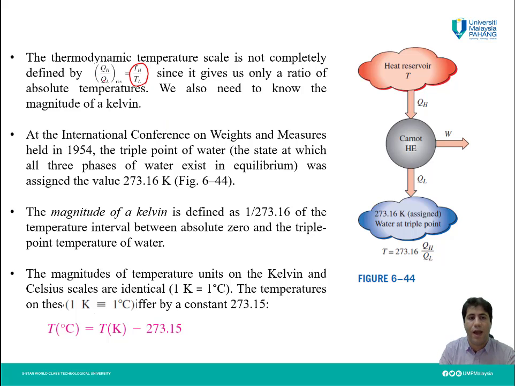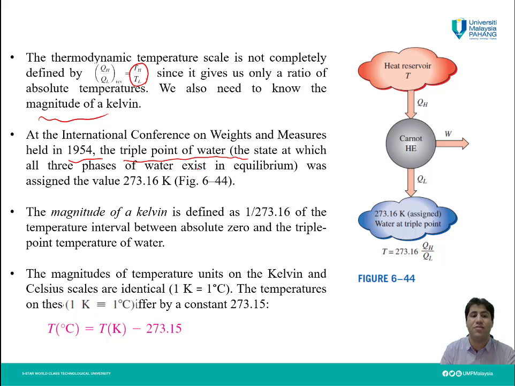That equation shows the relation of two ratios, one for the thermal energy, the other for temperature, and it gives a ratio only. We need to know the magnitude of this Kelvin scale for temperature. In a conference in 1954, the triple point of water was considered, which you already know about.